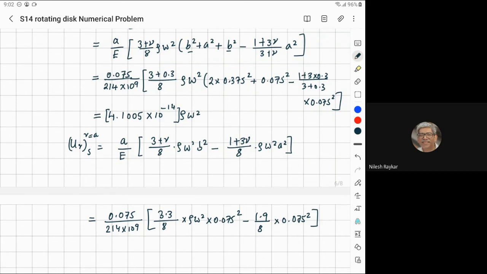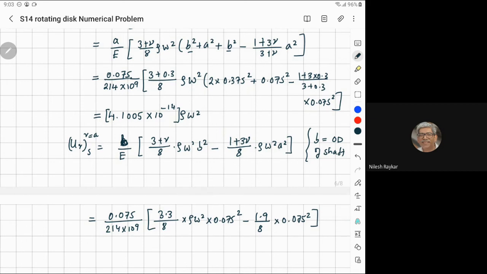Okay, here there is some notation confusion. Here I used the formula that we have discussed in the classroom, where it is in terms of b. Notation wise, b is the outside radius of the shaft, and that is where we are doing all the calculations.